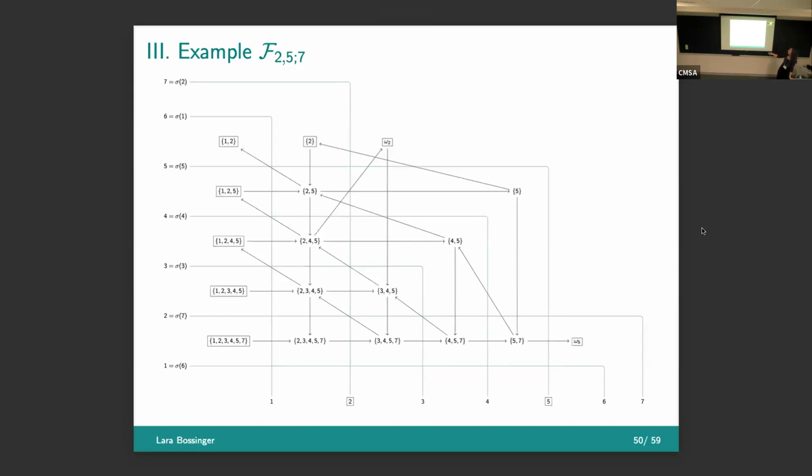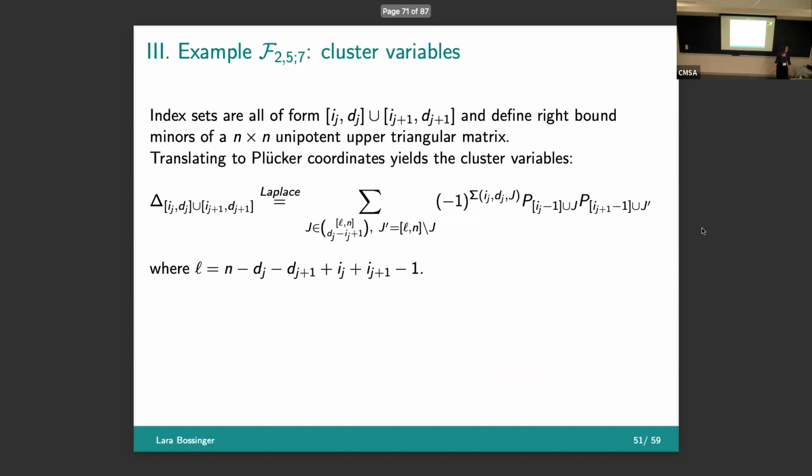Or here 1, 2 and 4, 5, and then, yeah, here are complete intervals, 1, 2, 2, 5, and so on. Okay, so it's not as bad. So we compute this Laplace expansion, we get an expression in Plücker coordinates. All of these minors turn out to be either quadratic in Plücker coordinates or on the nose Plücker coordinates.